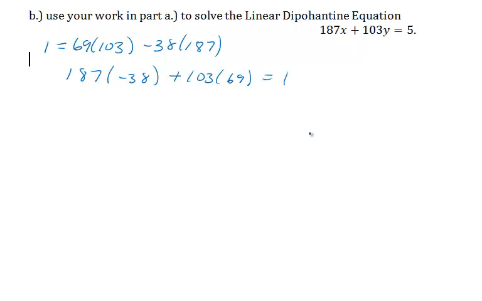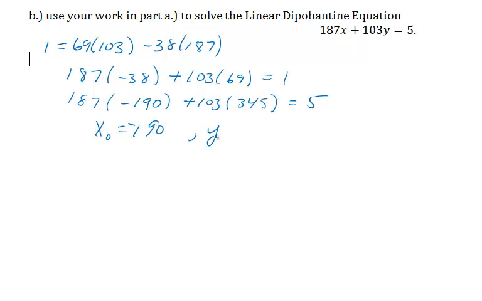We'd like that to be equal to 5, so we're going to multiply through by 5, and we get 187 times negative 190 plus 103 times 345 equals 5. So we have x naught is negative 190, and y naught equals 345.